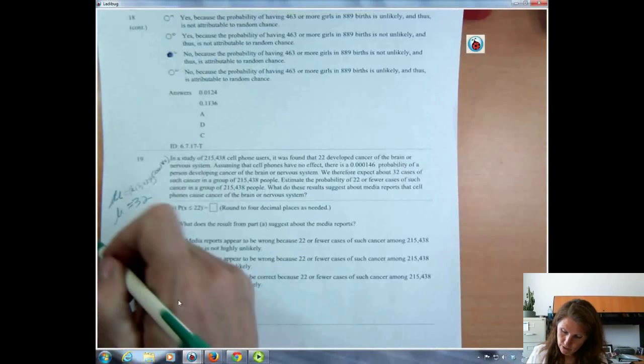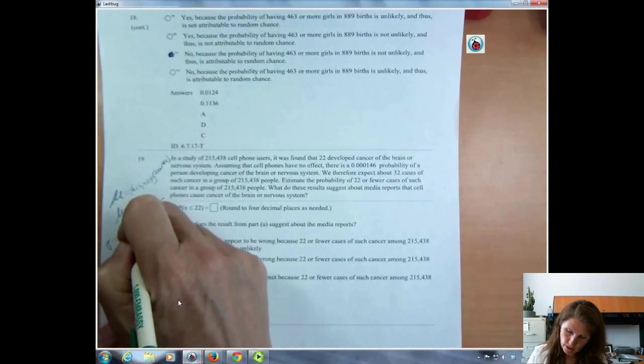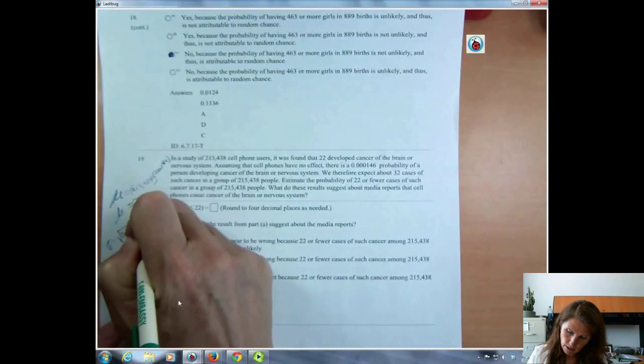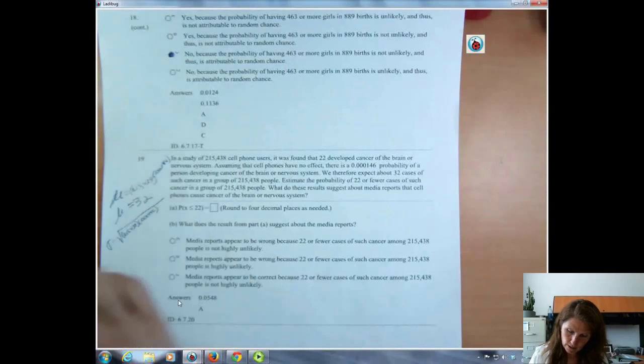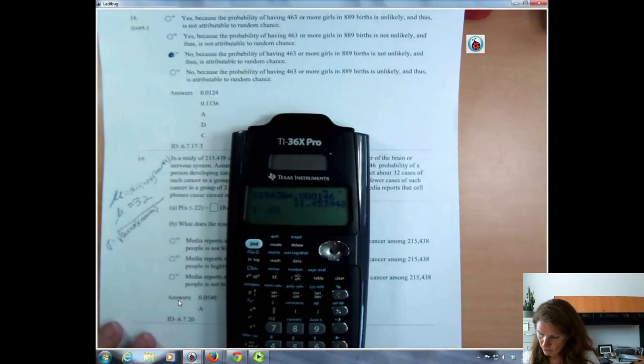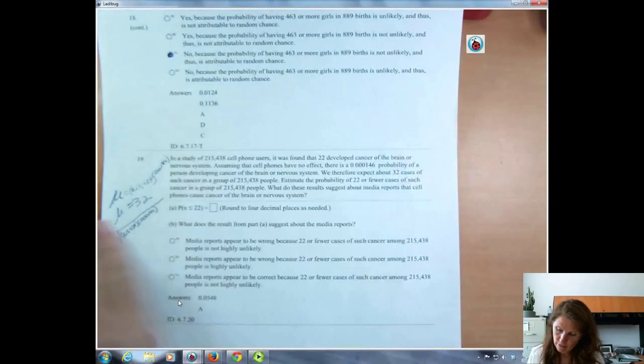My standard deviation is going to be the square root of 215,438 times 0.000146 times one minus 0.000146, which is 0.999854.